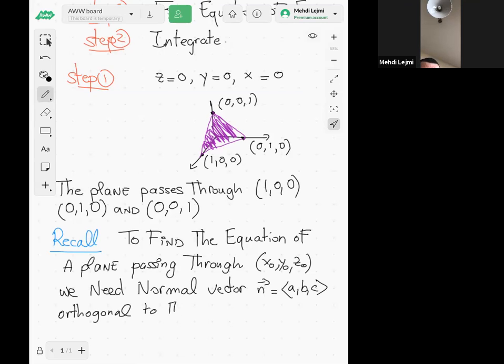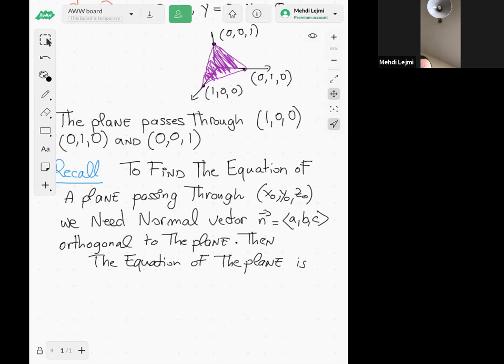Right, so then the equation of the plane would be, once you have the normal vector, you have a point which belongs to the plane.